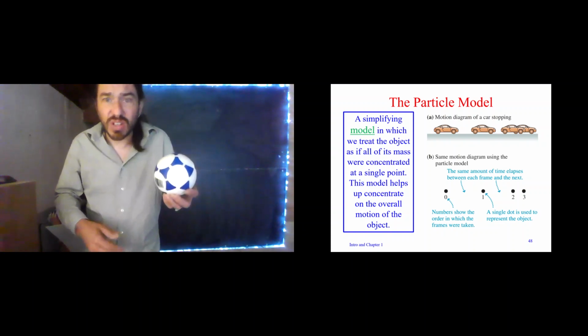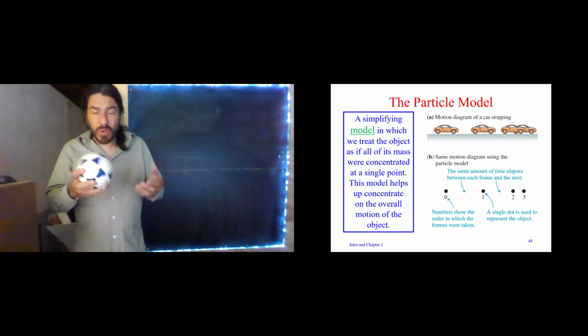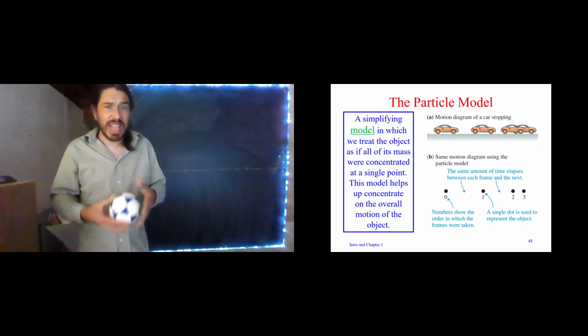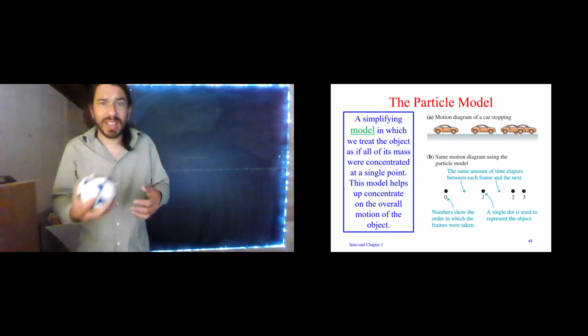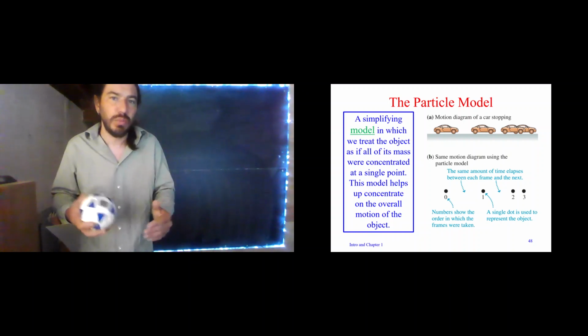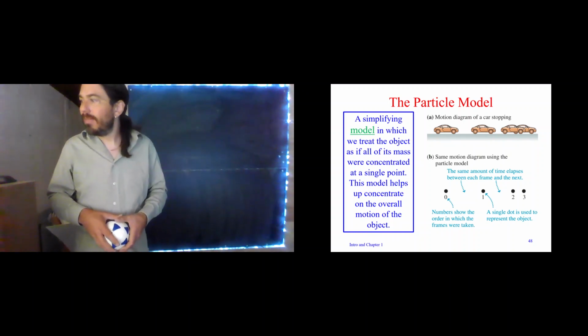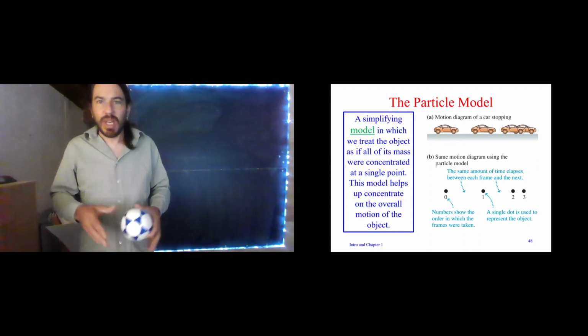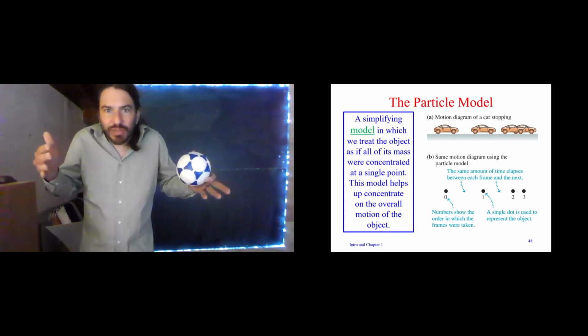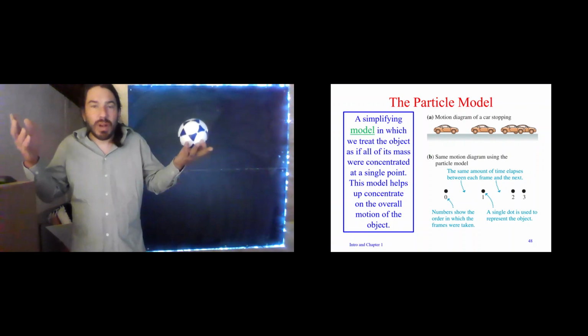Each one of those has a bunch of electrons, a bunch of protons. If we wanted to keep track of everything that's going into this ball, everything that's happening when I do some simple motion like this, you just can't. There's just no way. Not even the most powerful supercomputer could do it. I can't even imagine a supercomputer being powerful enough to do that. I mean, it's just impossible, right?